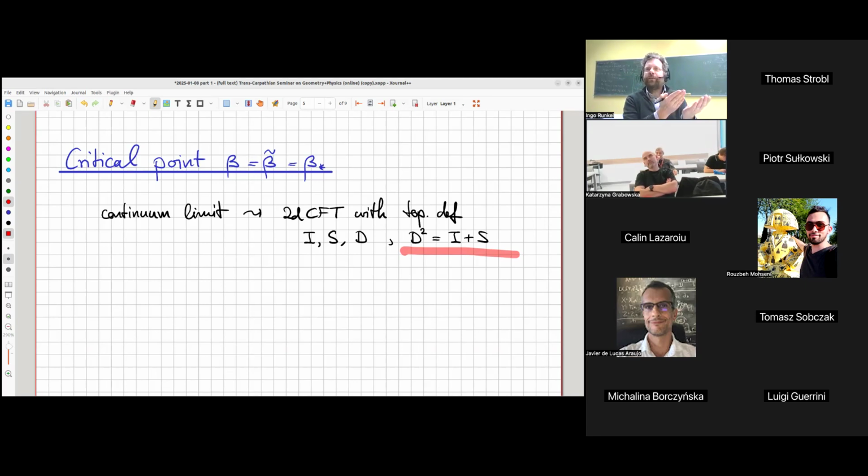The dual lattice of the square lattice again is a square lattice, but it's just shifted by half a lattice spacing. And so in the continuum limit, that difference disappears, and this duality defect becomes an endo defect of the two-dimensional continuum theory. And it's this D with these underlined fusion rules. Does that make sense? Yeah.